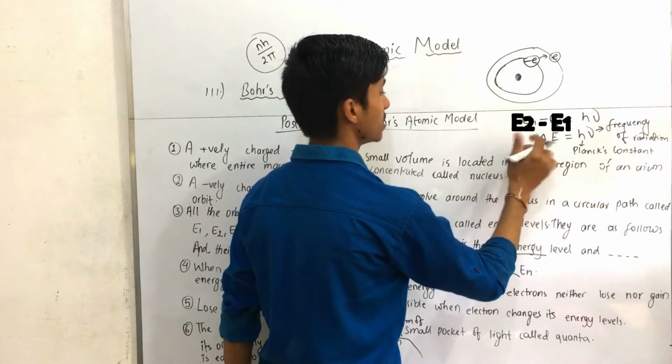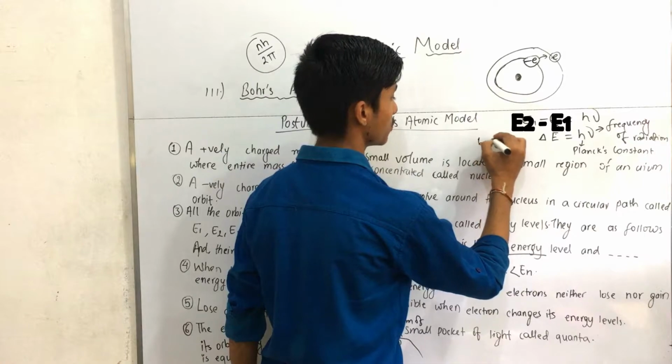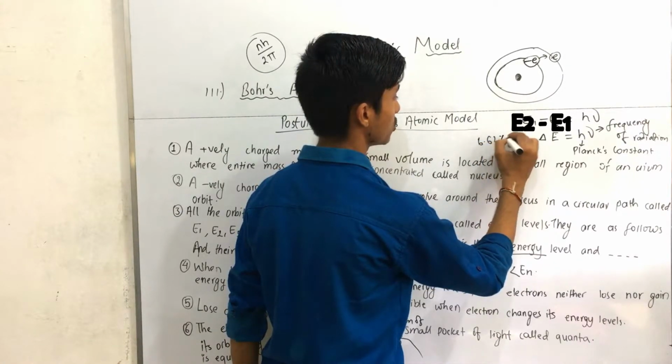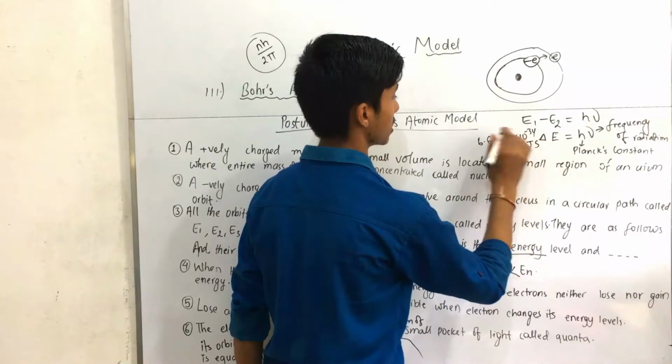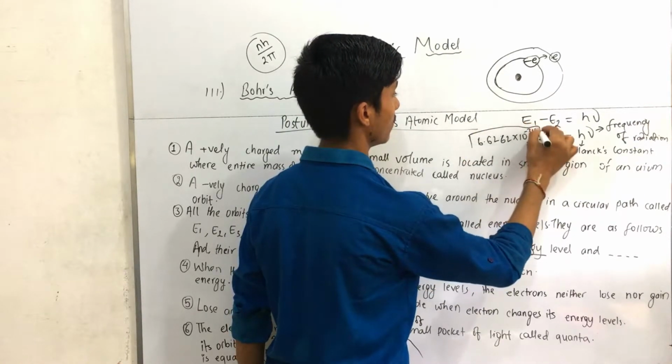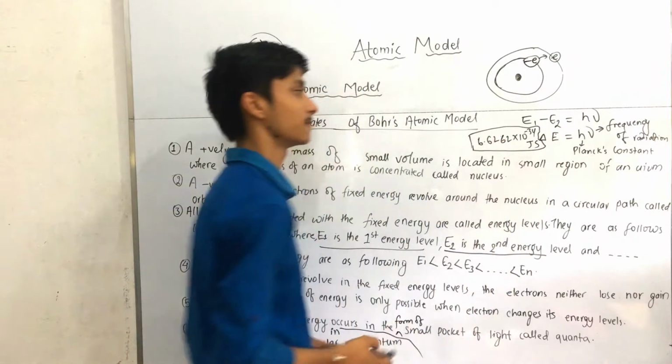And the value of this Planck's constant is 6.62 into 10 to the power minus 34 joule second. This is the value of Planck's constant.